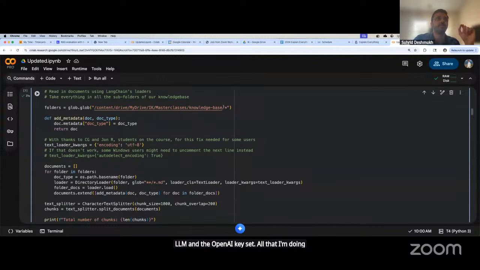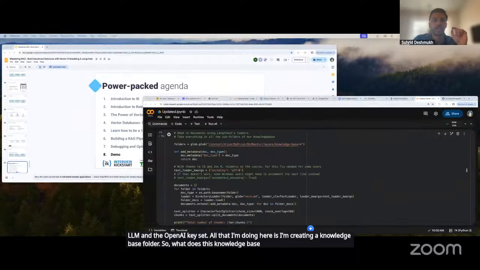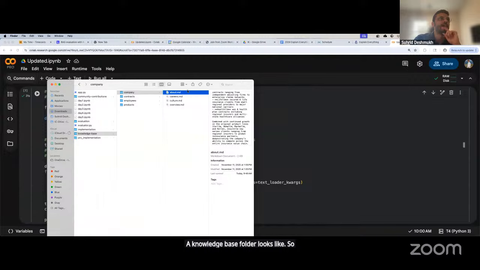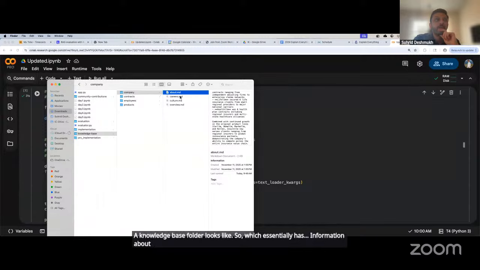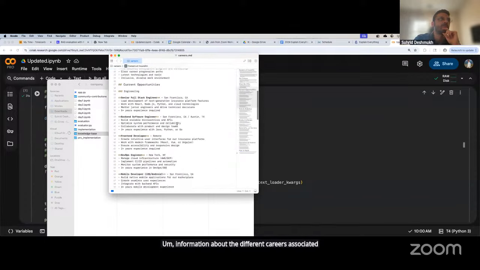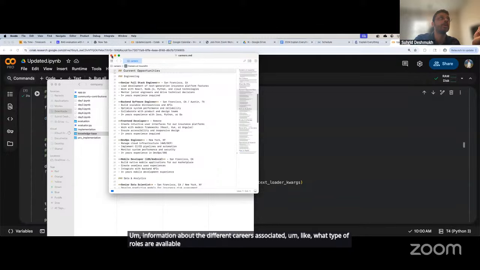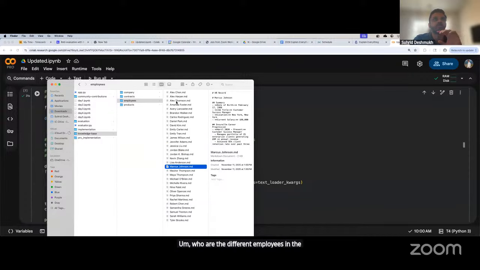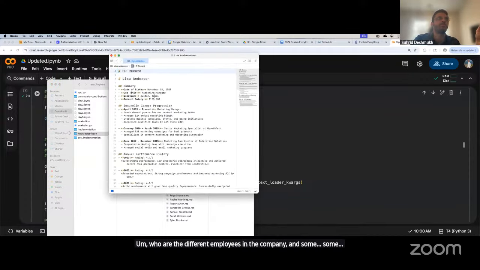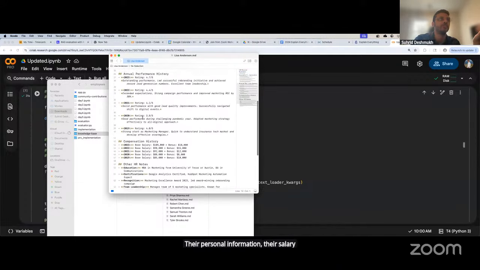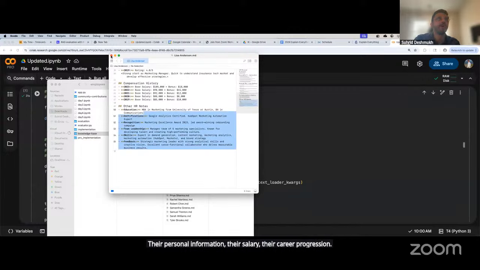doing here is creating a knowledge base folder. So what does this knowledge base folder look like? A knowledge base folder looks like so, which essentially has information about the company, information about the different careers associated, like what type of roles are available in the company, who are the different employees in the company, and some information associated with those employees, like their personal information, their salary, their career progression, some feedback, and so on.